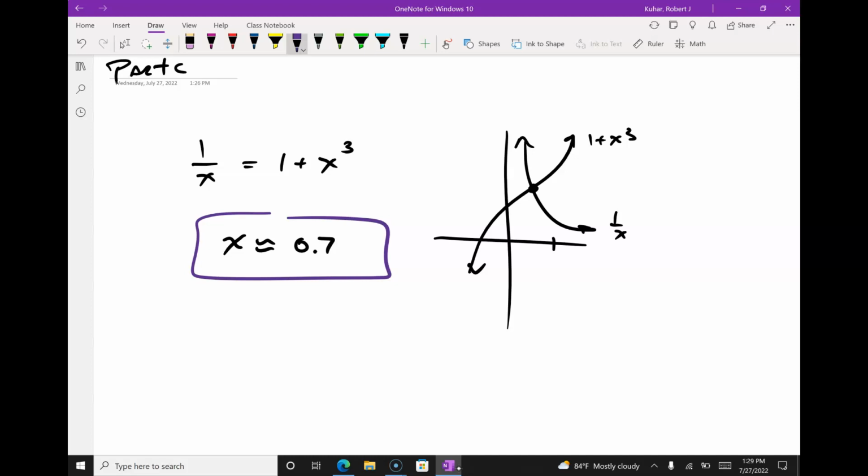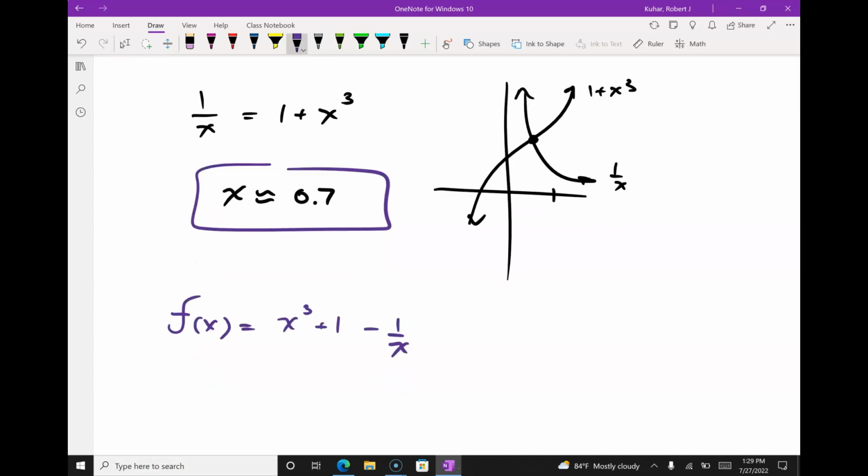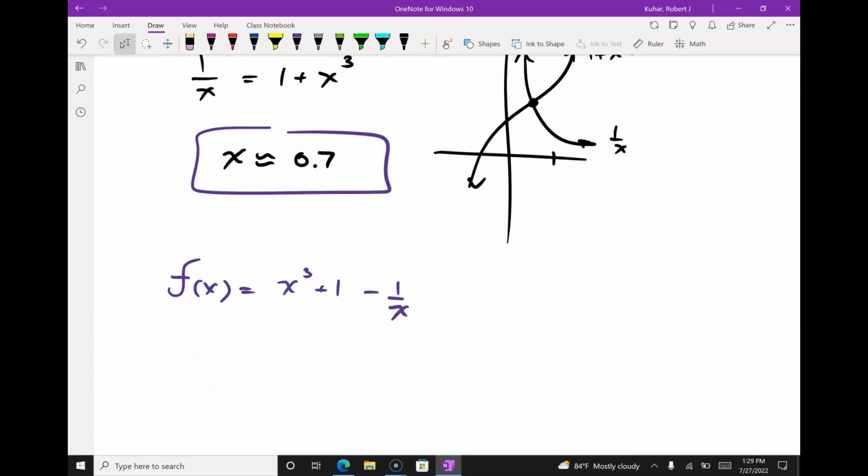So what I'm going to do is create a function here. This is going to be my f of x, and I'm just going to move that 1 over x to the other side, right? So I'm going to have x cubed plus 1 minus 1 over x. There's my function. Remember, I need my function, I need my derivative, right? And I need an x. So let's get our derivative here. What is it?